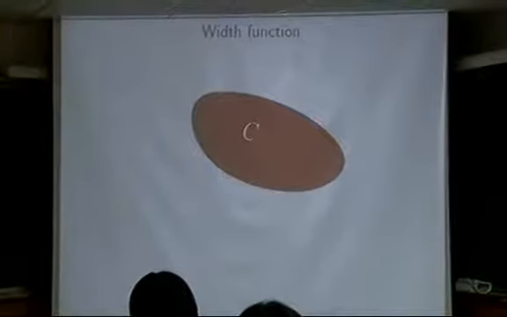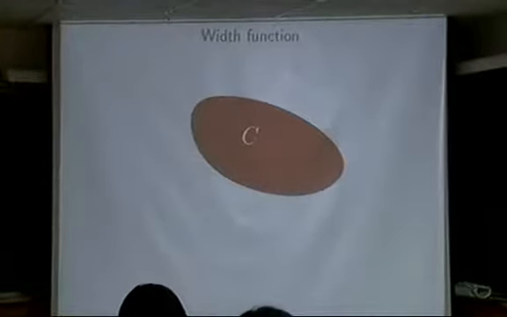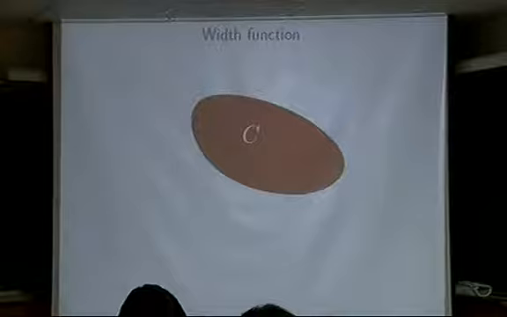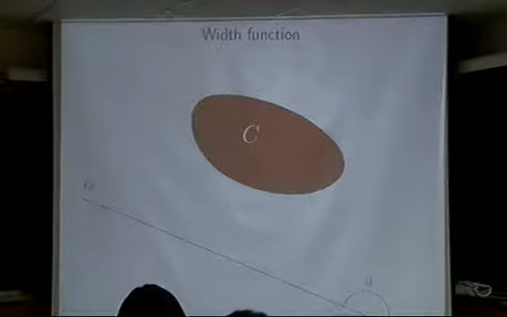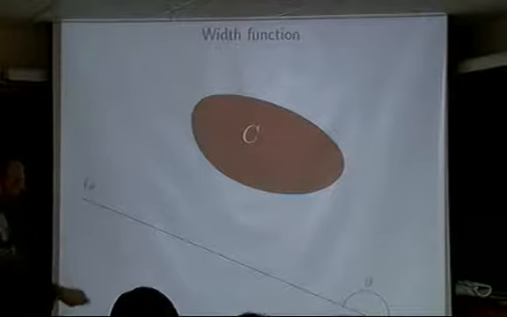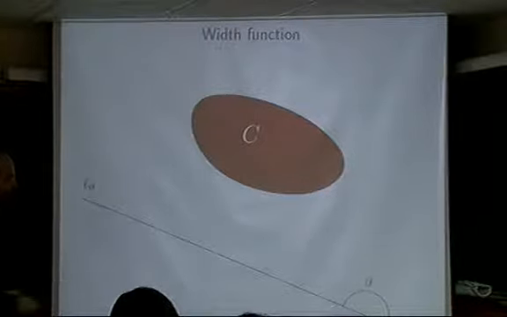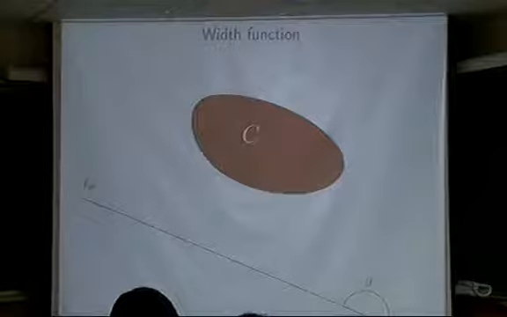Right, so let's investigate this a bit more closely, and I want to introduce a function for this. So if I give you a convex figure in the plane, and I take a line of slope theta, right? So L theta is a line that makes angle theta with the positive x-axis like this. Now I take my figure C and I project it orthogonally on this line. Right?